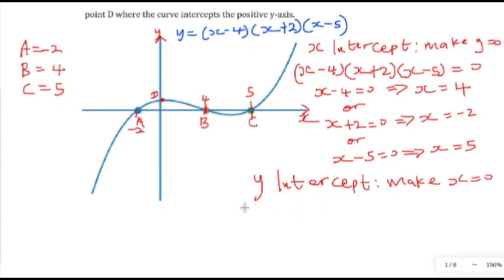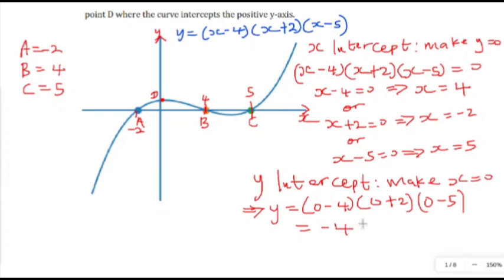So this implies that y is equal to (0 minus 4)(0 plus 2)(0 minus 5). So effectively we have minus 4 times 2 times minus 5.